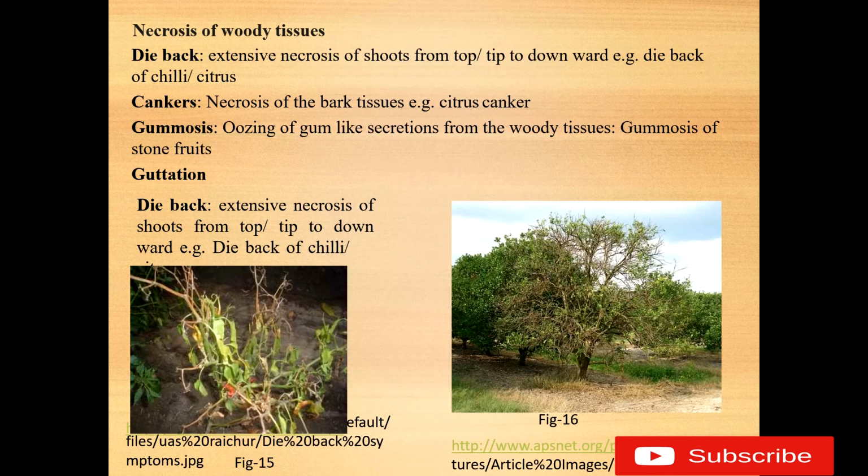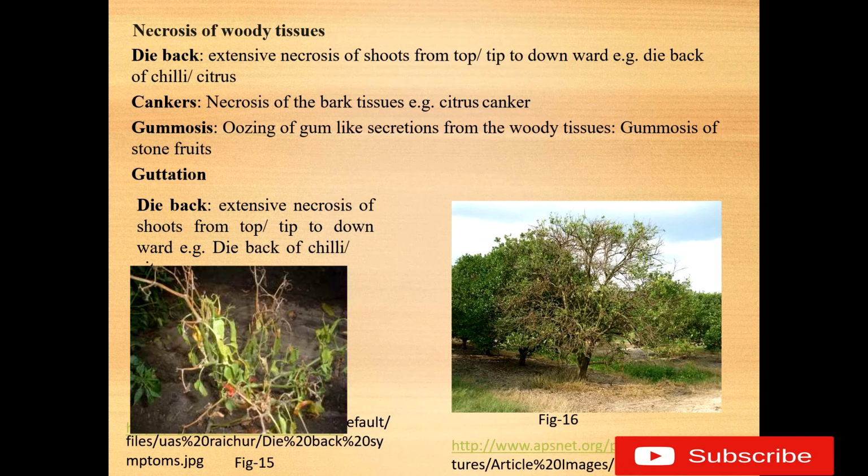You can see the picture of dieback disease here, the necrosis or dying of tissues from the tip downward. The plant dies from the tip downwards.